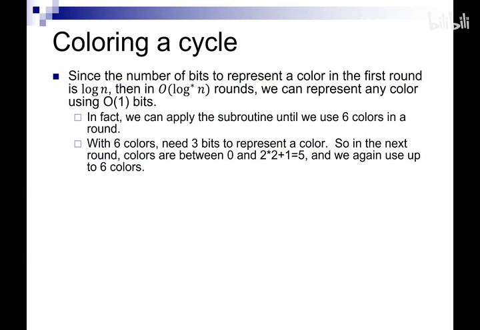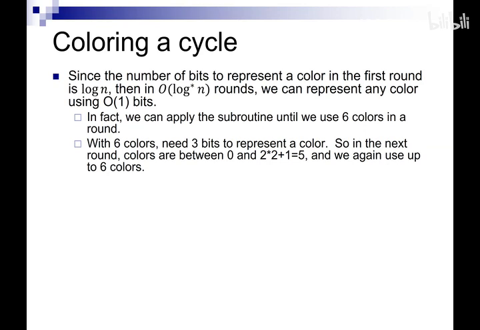Now there's one detail that we need to look at, which is that if you keep applying the previous subroutine, then once you get down to 6 colors, you actually cannot reduce the number of colors you use anymore. Suppose that you get into a round where you're using 6 colors. Then you need 3 bits to represent a color, because you need to represent a value between 0 and 5.